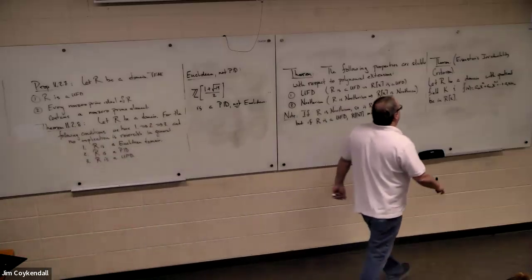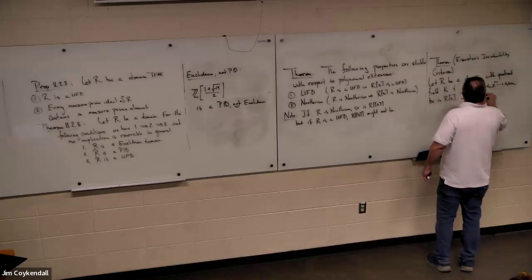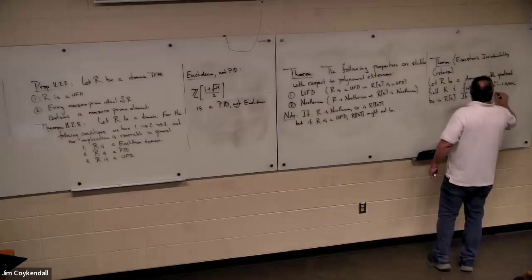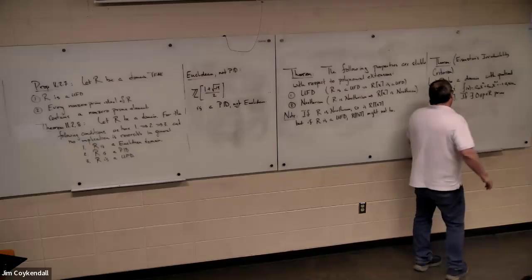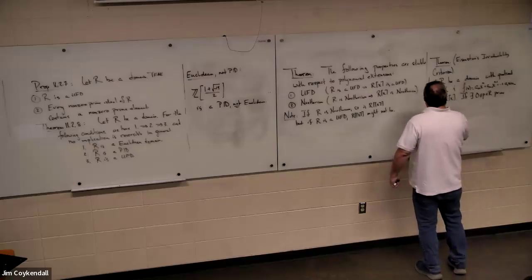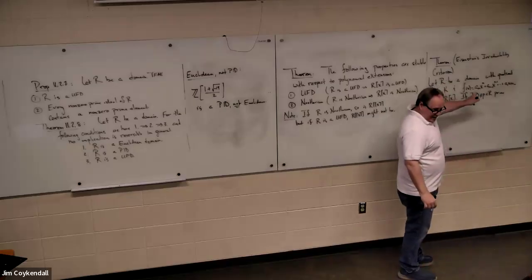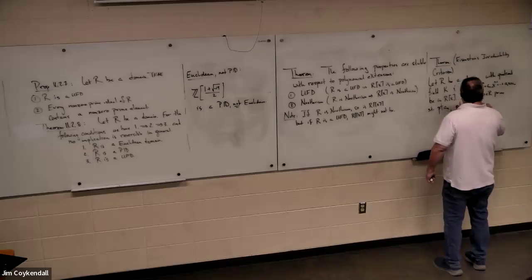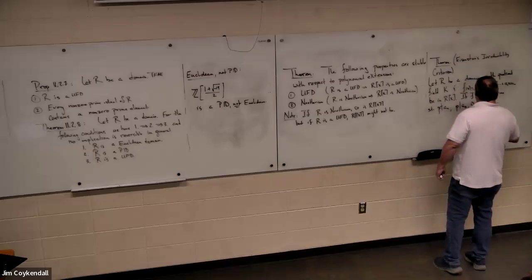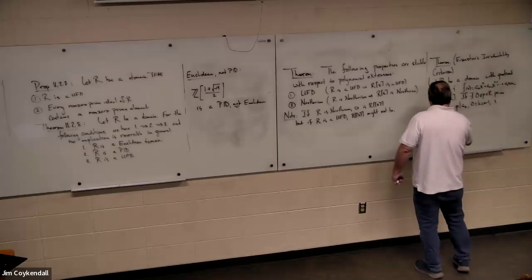If there exists a non-zero prime p in R such that p does not divide the leading coefficient, but it divides all the others, and p squared does not divide a_0.